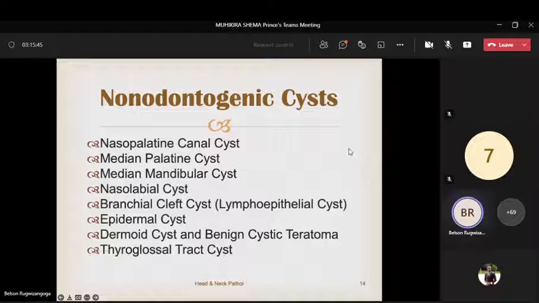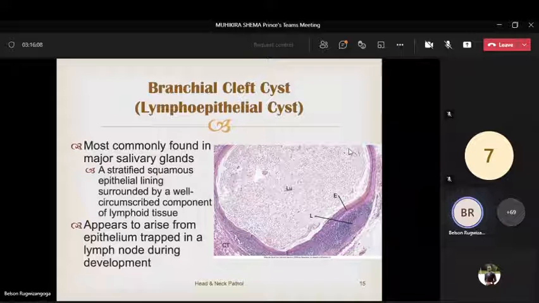Dermoid cyst, benign cystic teratoma and the thyroglossal tract cyst. This also we see sometimes. When we see thyroid tissue in it, it helps us to distinguish this from the branchial cleft cyst, because for the other features they look the same. So we will discuss a few of them.